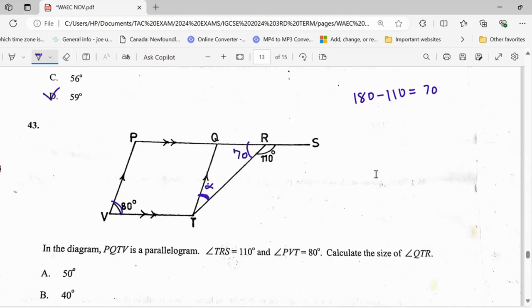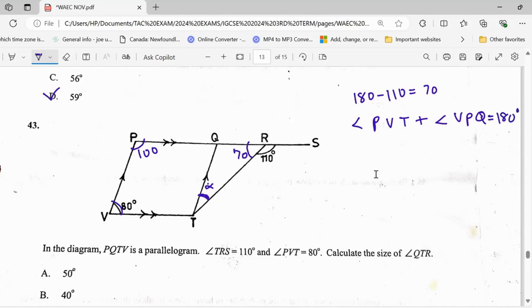Now, if we look at this parallelogram, the angle P here is 100 degrees. How do we get it? Angle PVT plus angle VPQ will give us 180 degrees.